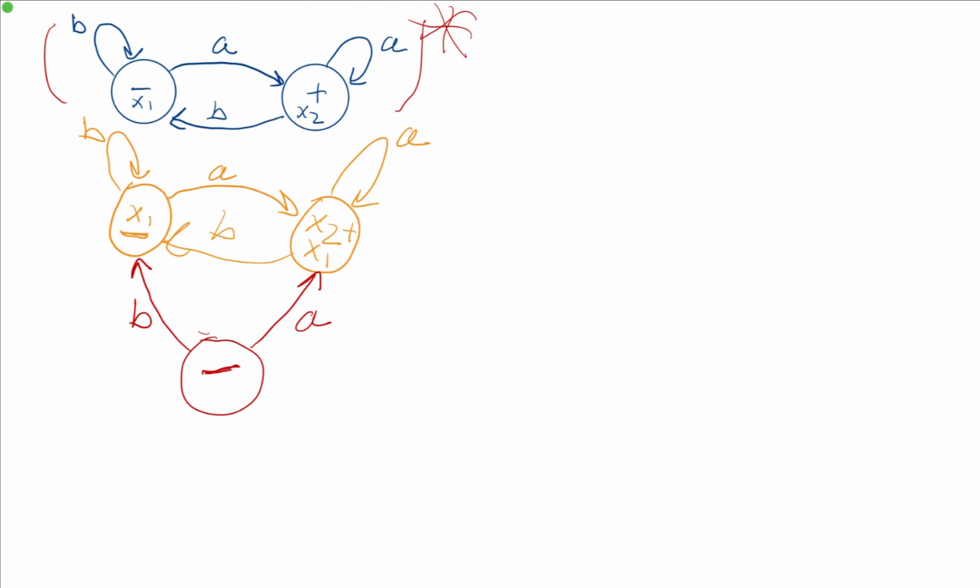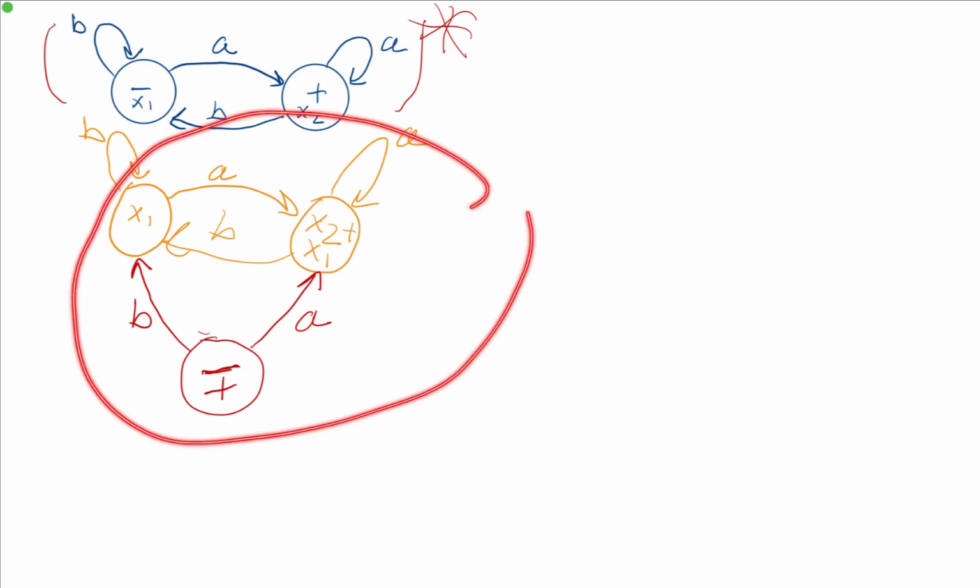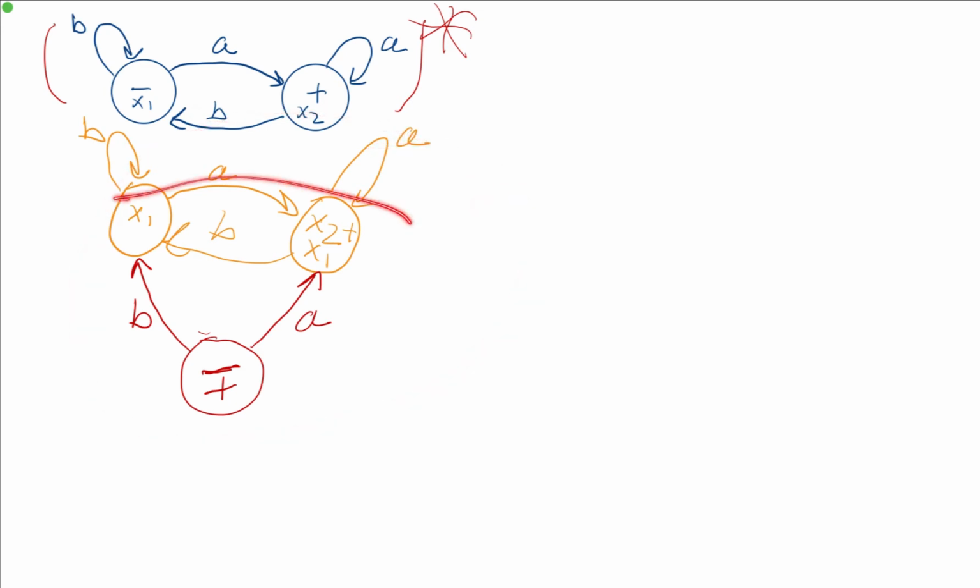And now we can make this a start state and a final state and not have this be a start state anymore. So now this language here accepts the null word and any word that ends in an A. So that is this starred.